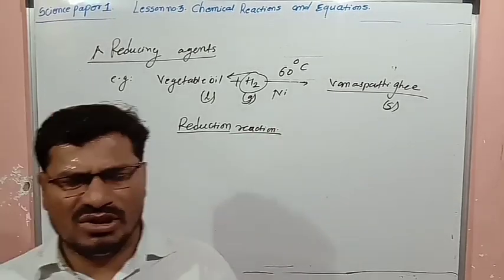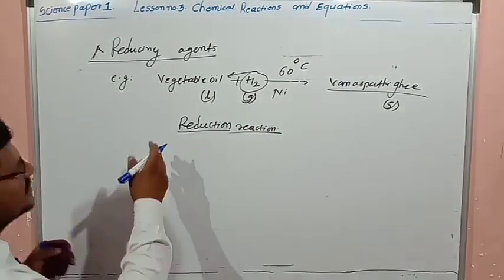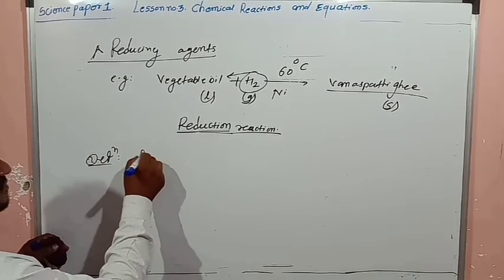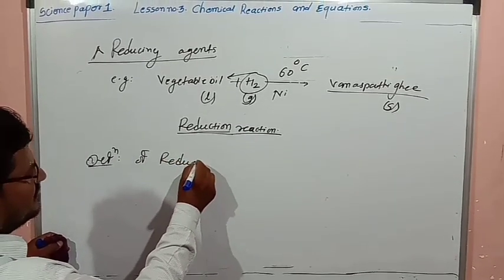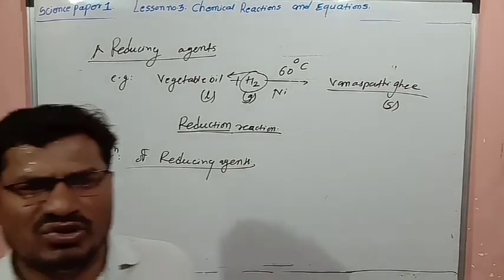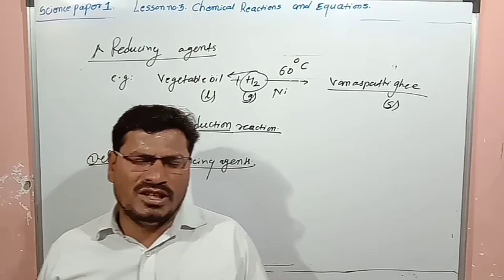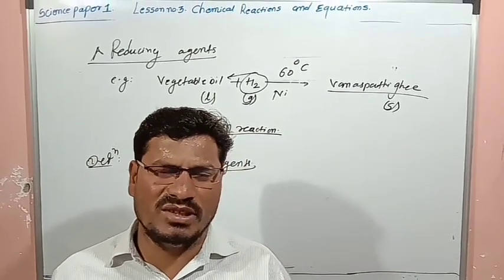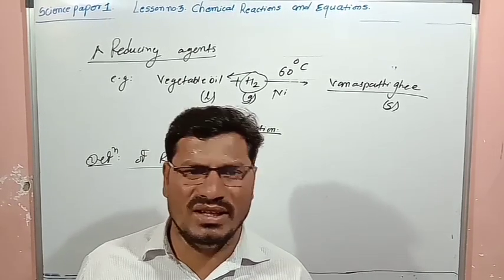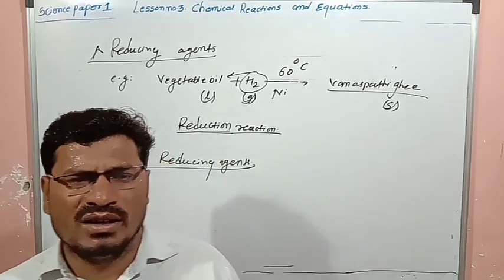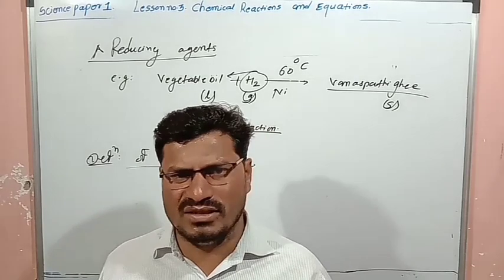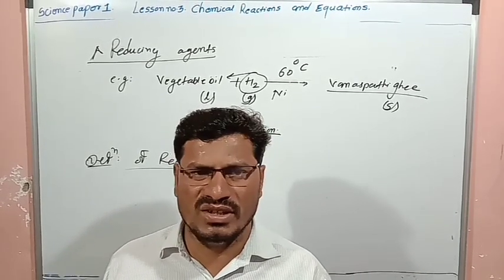Here we are going to write the definition of the reducing agent. What is the definition of reducing agents? The specific chemical substance which makes hydrogen available for the reduction reaction is called a reducing agent.